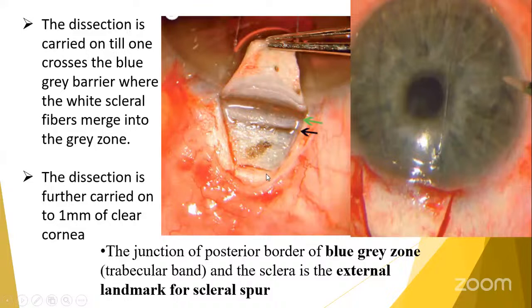I use Colibri to pick up a side of it, and use your crescent blade to create a plane. You create a plane and then dissect towards the limbus. This dissection is carried on till you cross the blue line, where the white sclera merges into the gray zone. The dissection is carried further on until you've gotten up to 1 millimeter of clear cornea.